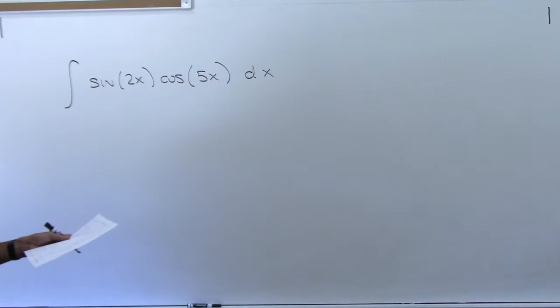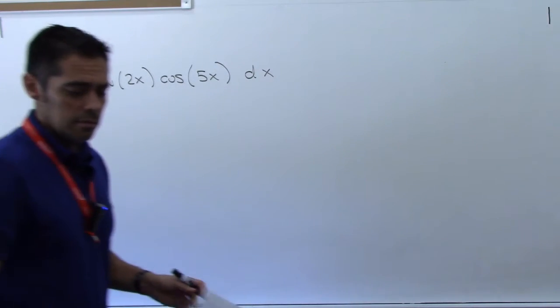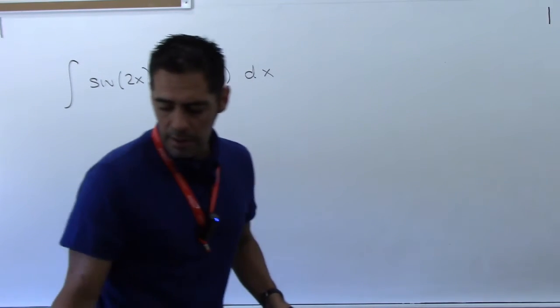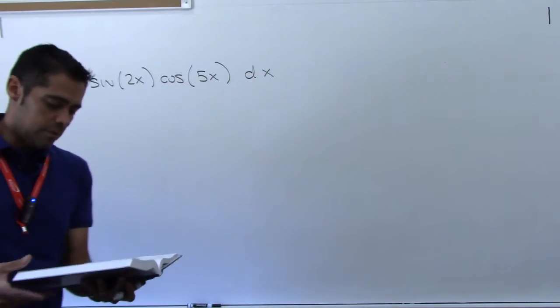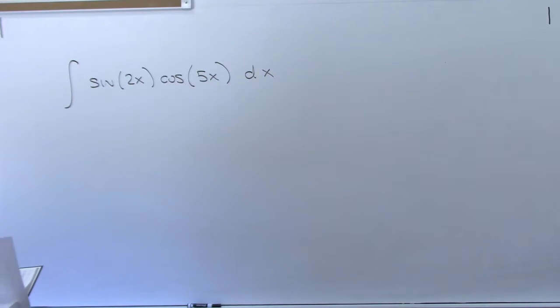It's the sum to product, product to sum formulas. So you might want to jot that down, and let me reference the page in the book, that way you'll know where to look for this. We haven't dealt with this before because we have different arguments, 2x and 5x.